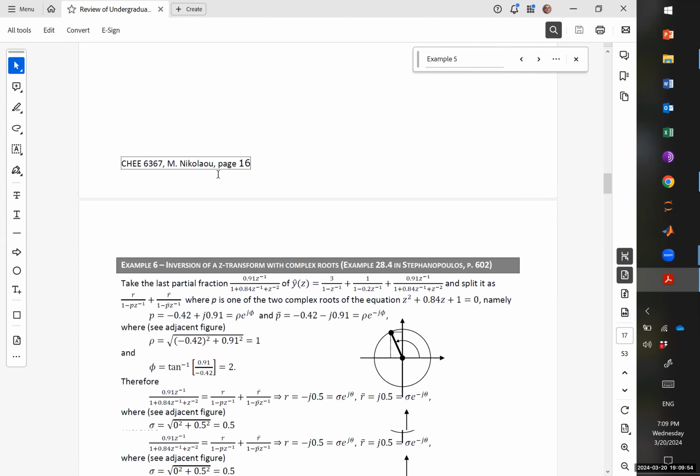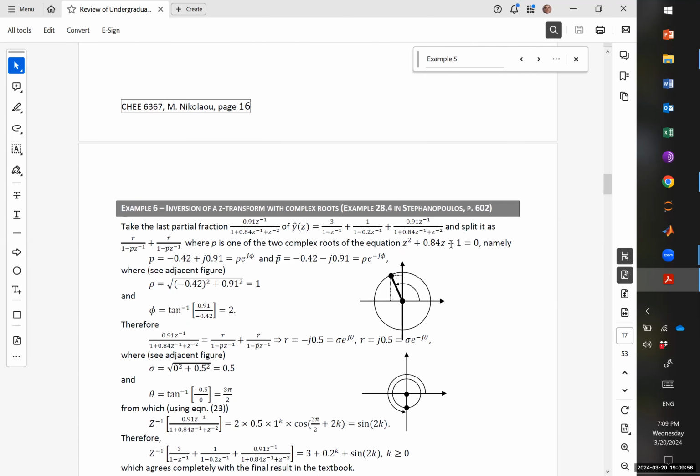In example 6, the poles are 1 and 0.2. You just do everything and it comes out okay. Let's carry this offline. It's a direct application of the formula.